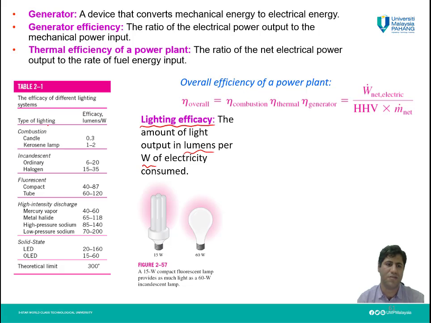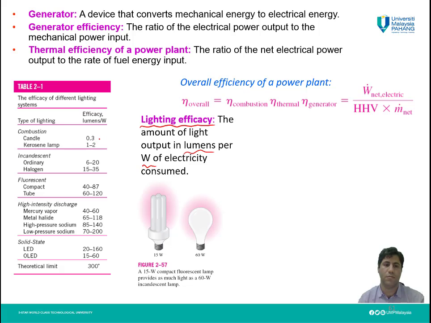And you can see here the efficacy of different types of lighting. Combustion light sources, like a candle or kerosene lamp, can be light sources, and you can see their efficacy.